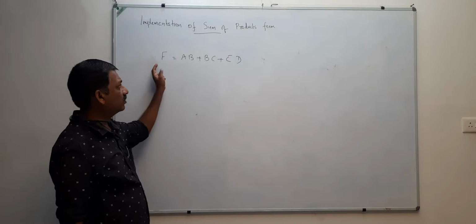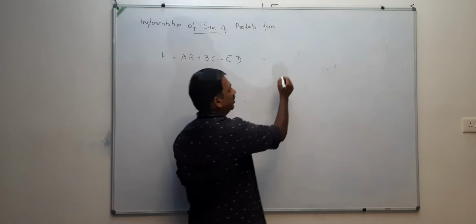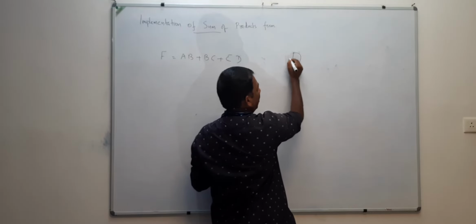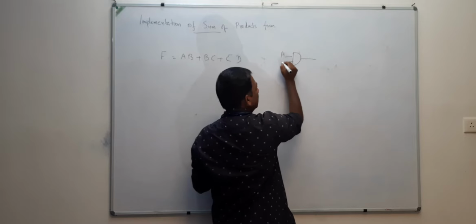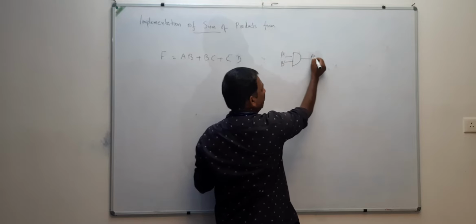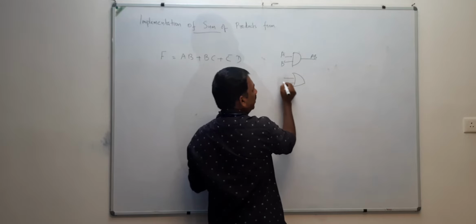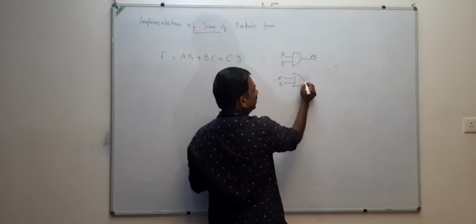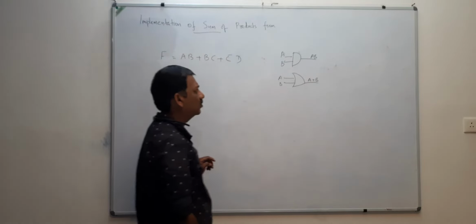That means using only AND and OR operations you can do that. Here we have an AND gate, and if this is A and this is B, this is AB. And if you have an OR gate, if you are giving two inputs A and B, this is A or B. That means this is AND and OR gate.